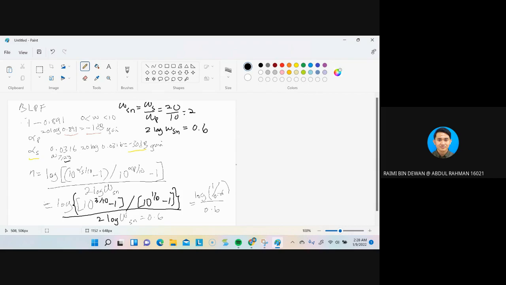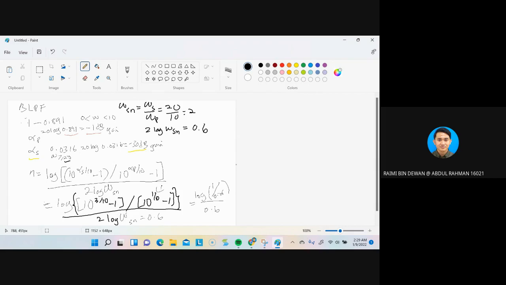So 10 to the power of 0.3 minus 1 divided by 10 to the power of 0.1 minus 1.